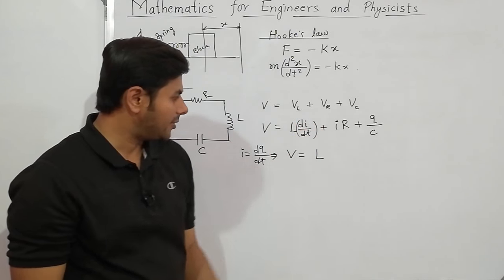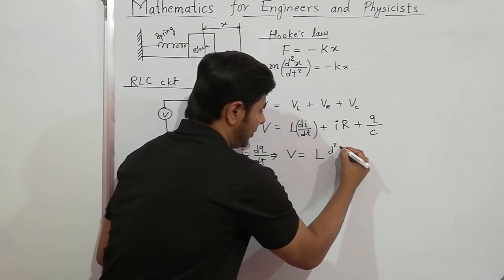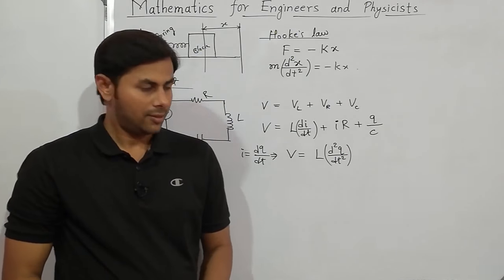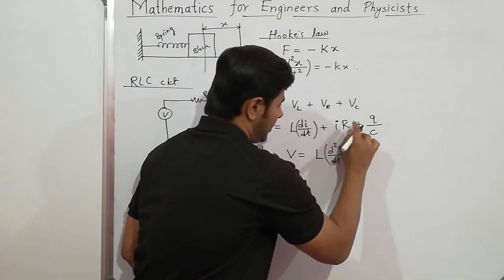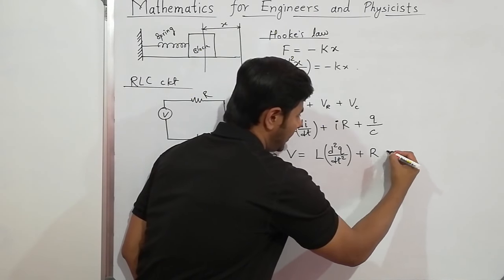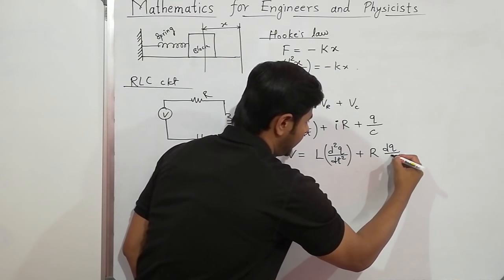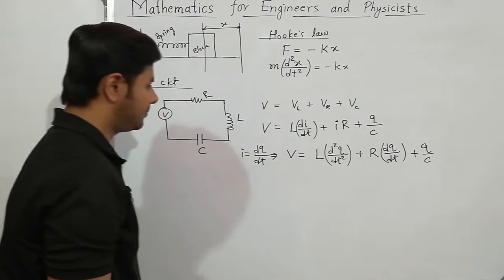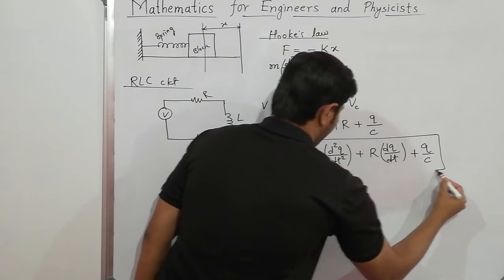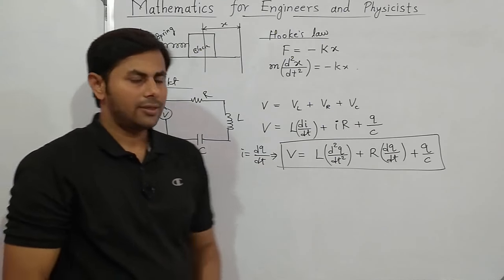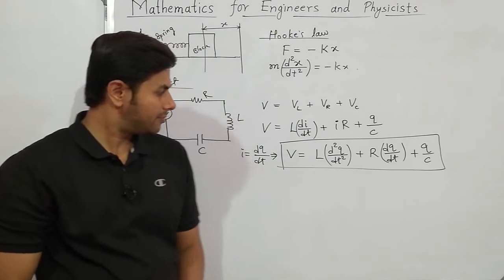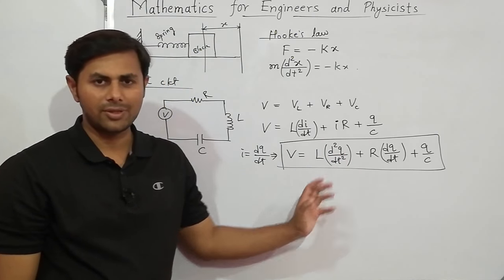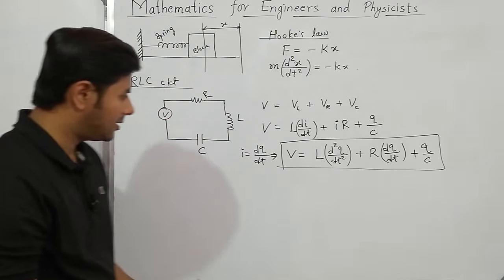So substituting that, we'll get the second derivative of q with respect to t, plus R times I, which is R times dq by dt, plus q over C. Now this is another second order differential equation. So we have the second order derivative of q with respect to time. Let's take another example.